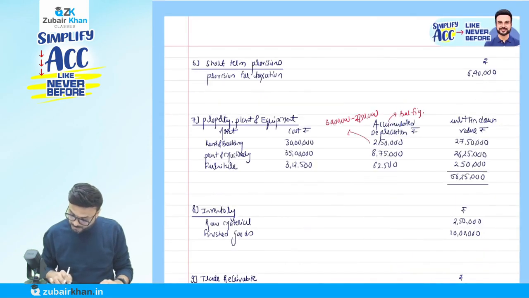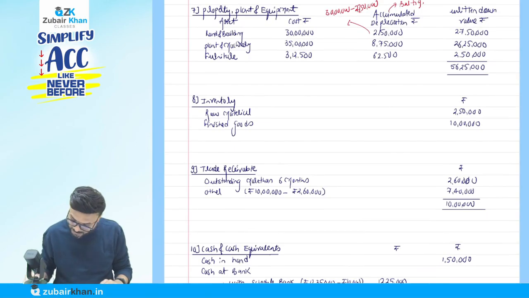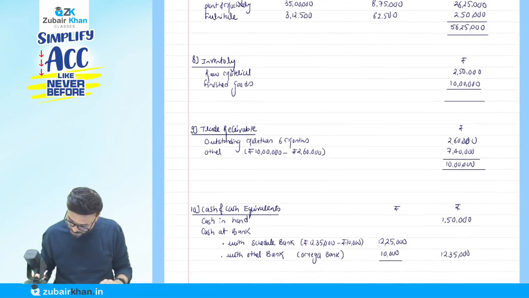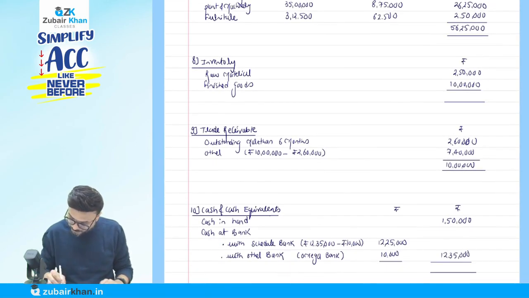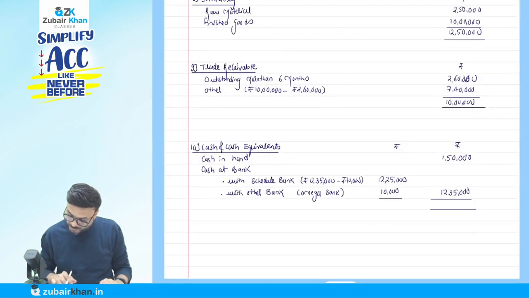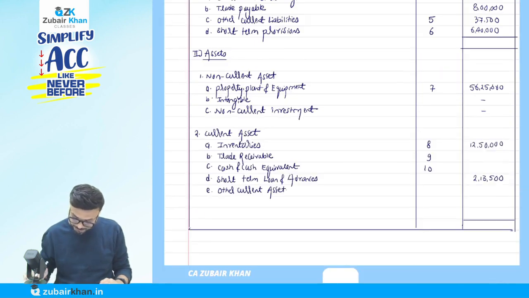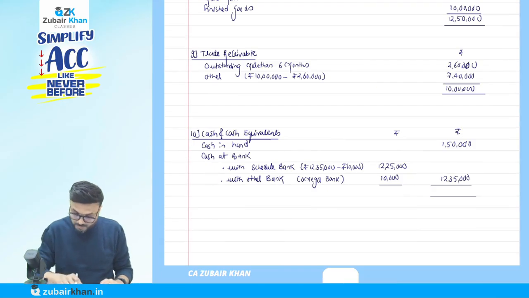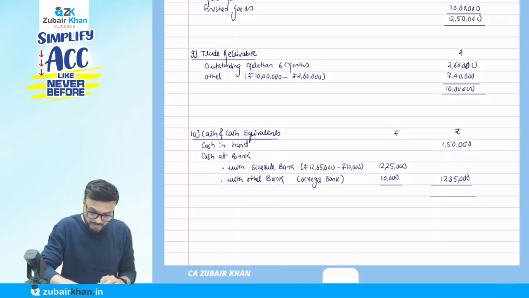Then here we have inventory. How much inventory we have here is 2 lakh 50 plus 10 lakh, 12 lakh 50,000. So 12 lakh 50,000. Note number 9, that is 10 lakh. Okay, 10 lakh.